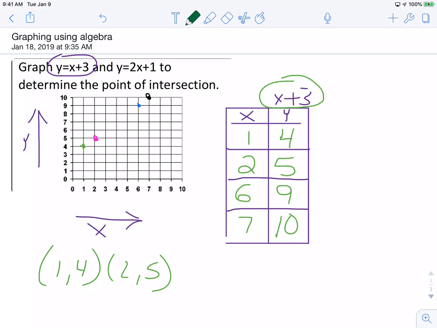So I'm going to start at 0, but I have to remember that y is 0 plus 3. So I'm going to start at 0, 3. And then I'm just going to draw my line and connect it. Now, I'm not too gifted on drawing my lines, but that's how you would graph that y equals x plus 3.